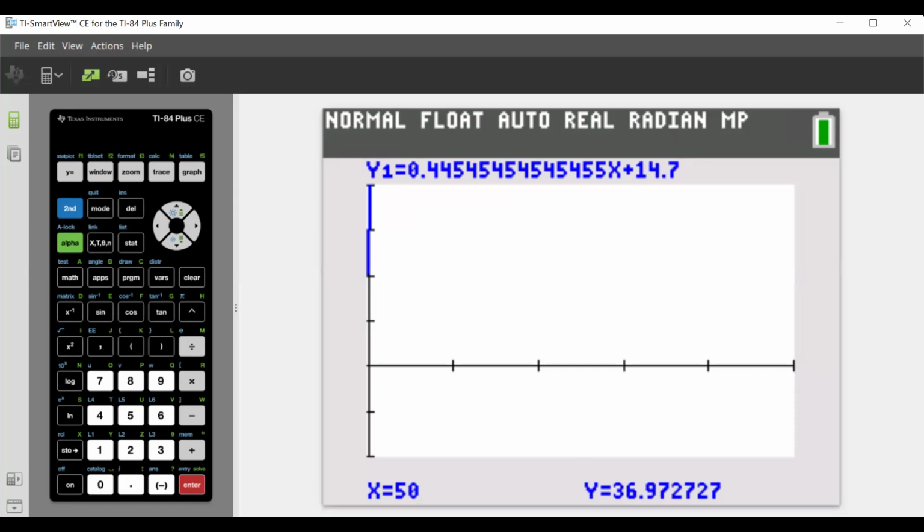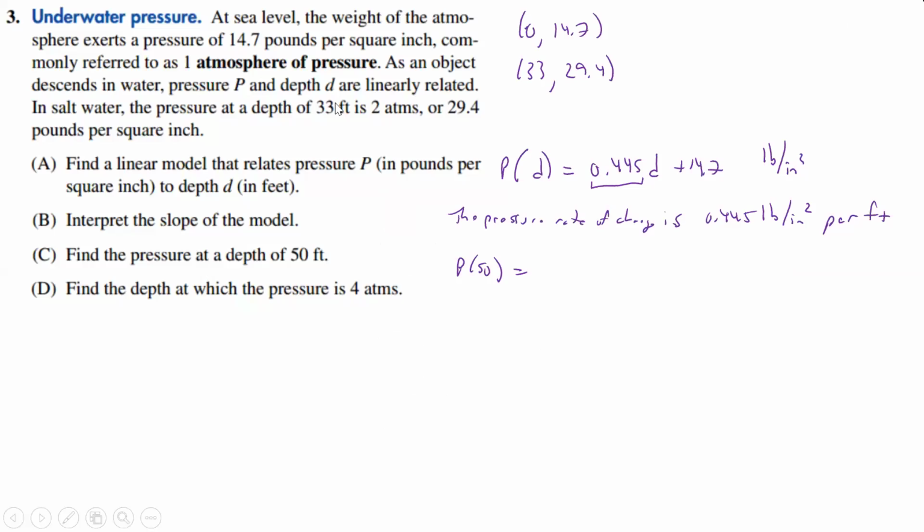36.97. And let's see, what units did they want for pressure? It doesn't say. So let's put 36.97, and that's going to be pounds per square inch.